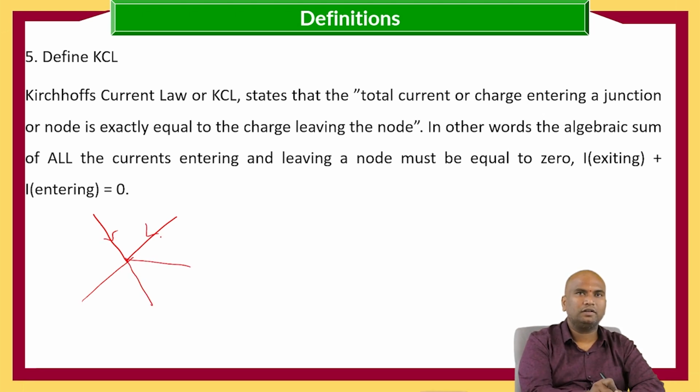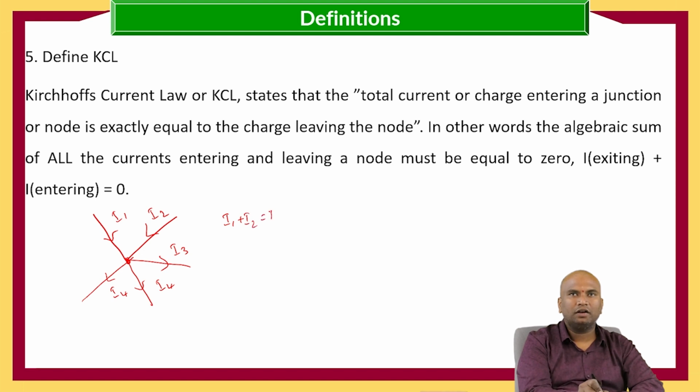Here, if we take some currents which are part of the circuit, this is the junction which we are going to take. Let us consider I1, I2, I3, I4, I5. So I1 plus I2 is equal to I3 plus I4 plus I5. Here I1 and I2 are the currents entering the junction, and I3, I4 and I5 are the currents leaving the junction.